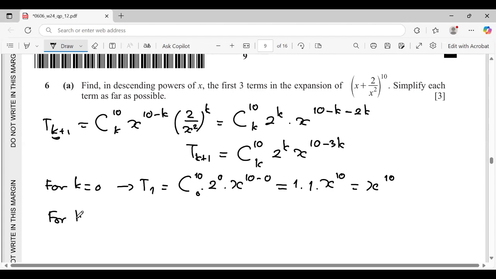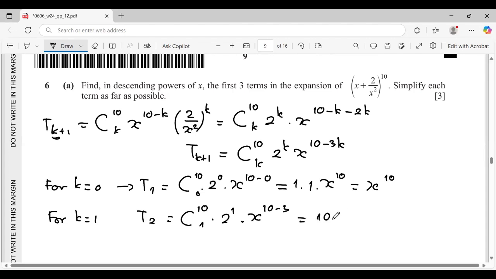Next, for k equals 1, it means T2, because 1 plus 1. The combination 10, 1, 2 to the power 1 times x to the power 10 minus 3.